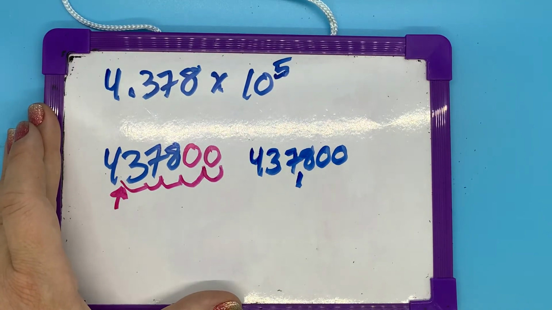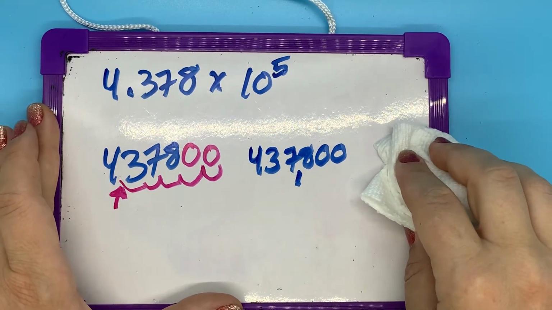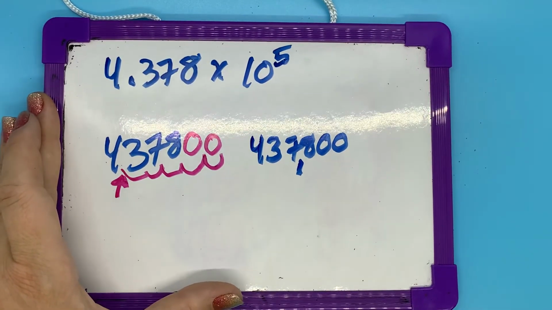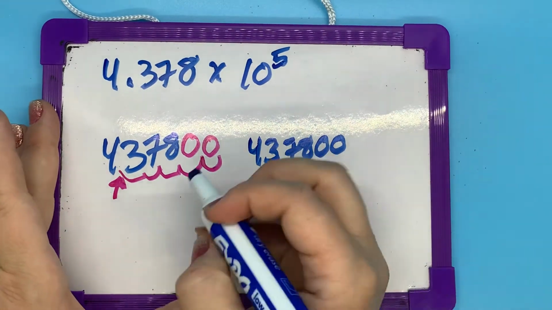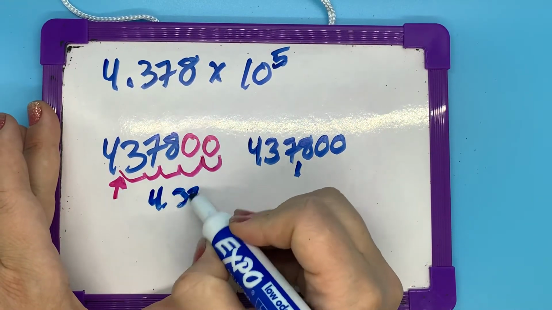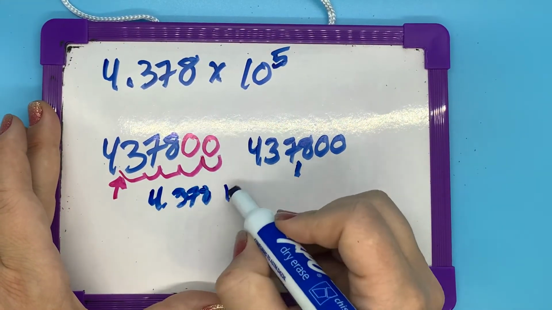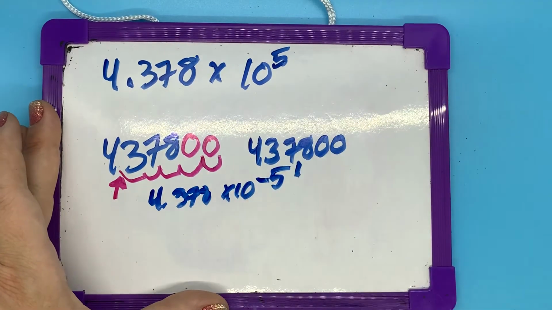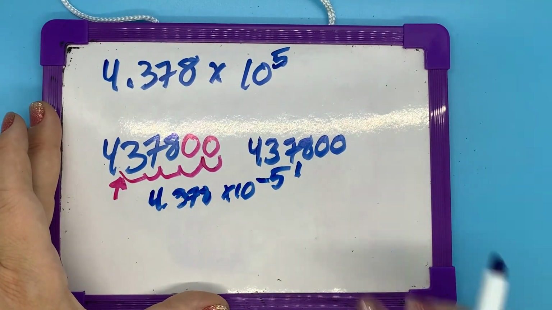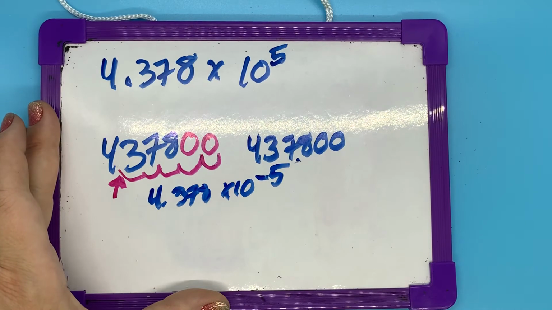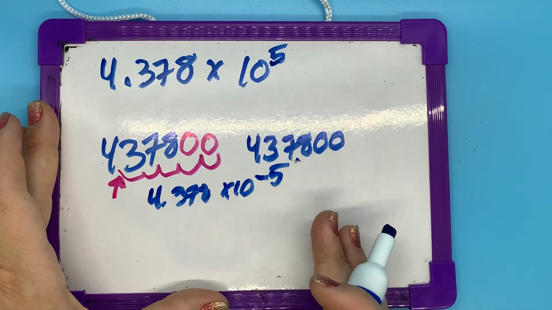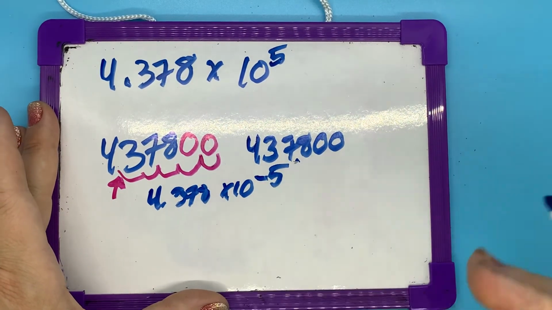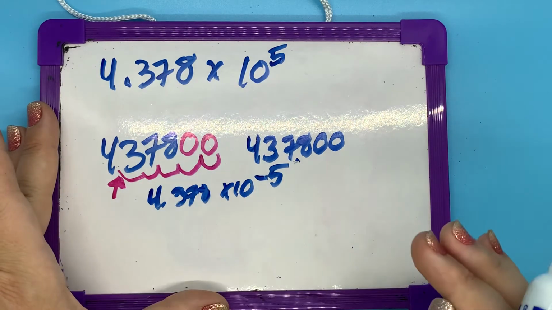If we're starting the other way, now I'm going to keep that there because I'm going to do almost the same number. We're going to say 4.378 times 10 to the negative 5th. It is easier if you start writing the number further to the right side of your paper if it is negative, because the zeros are going to the left, not the right.